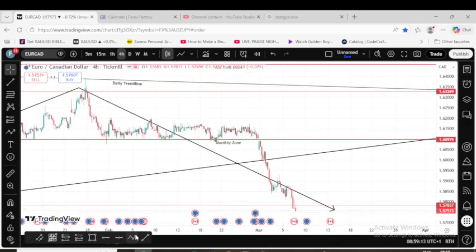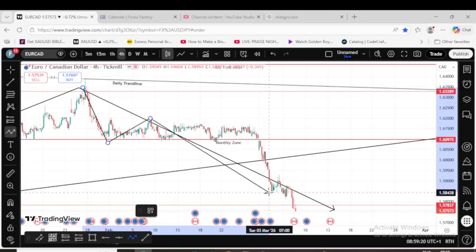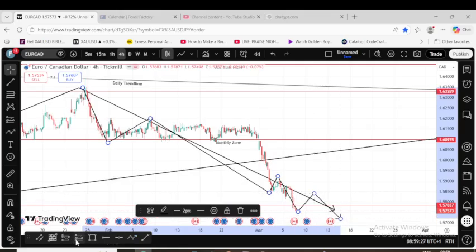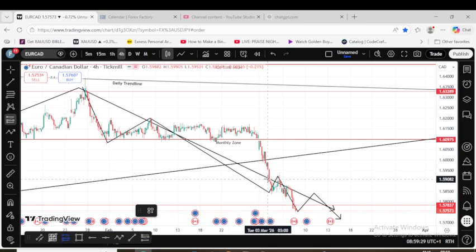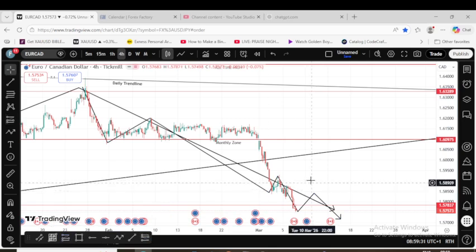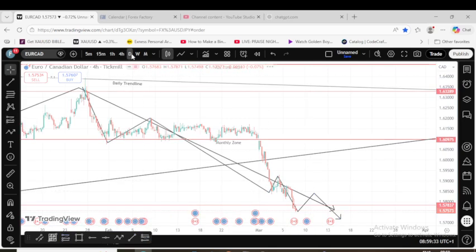Let's mark out the structure of this current impulsive move. We have impulsive, correctional, impulsive, correctional, impulsive. So if we can spot a correctional, then we can go short. But our best bet is actually to wait for the daily time frame correctional.